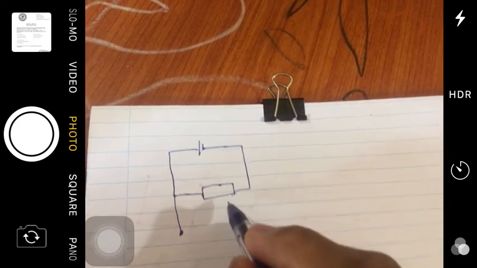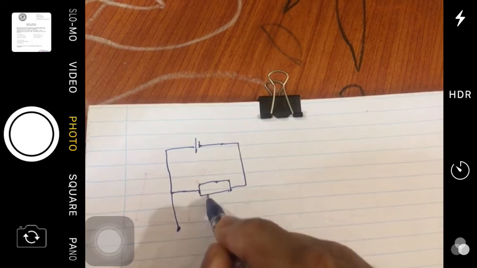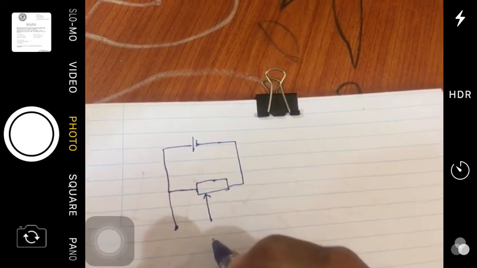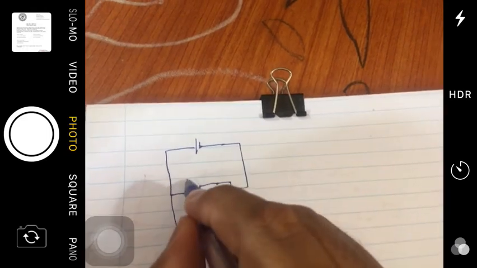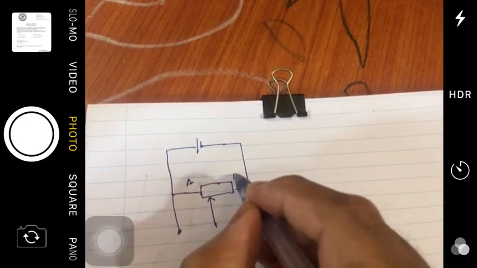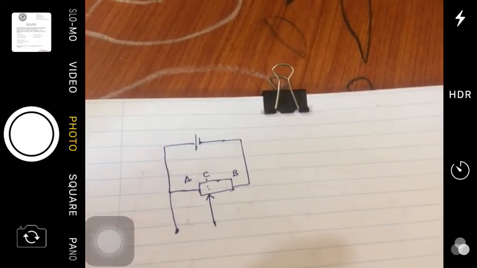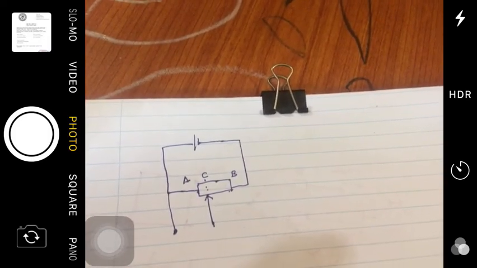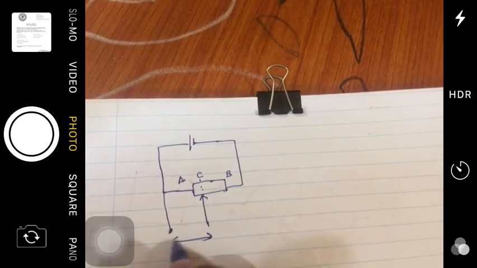So I keep my slider, the sliding key, here. So if this is A and B, then this point where the slider is, is C, right? Now this would be my V out.